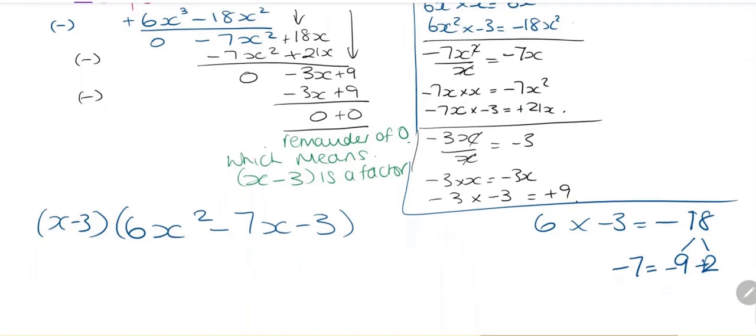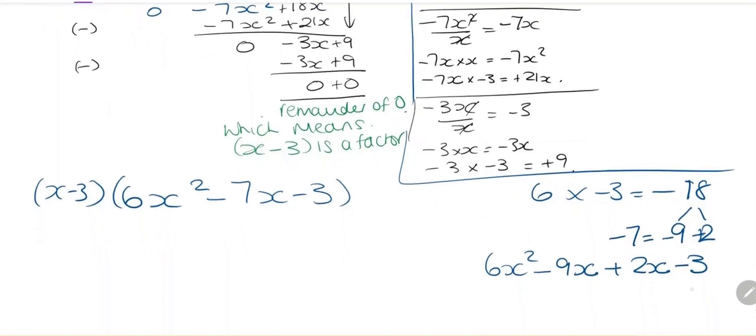Now we need to write out, because it's got a coefficient, our factors: 6x squared minus 9x plus 2x minus 3. We're going to factor by 3x, so 2x minus 3, and then we'll factor with 1, so 2x minus 3.